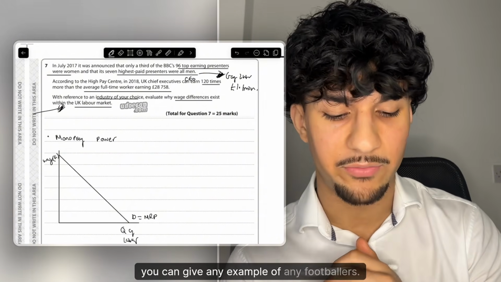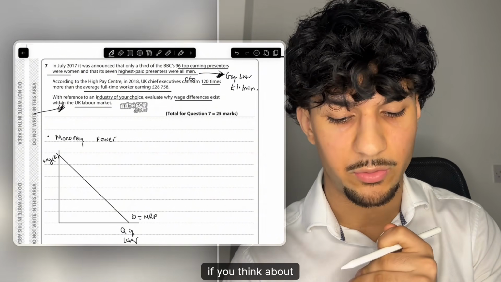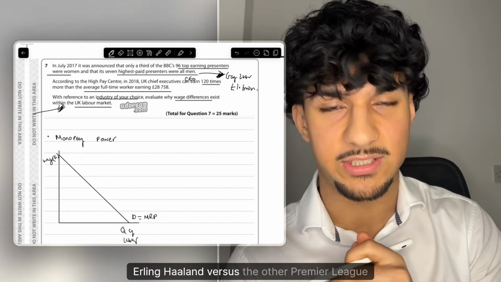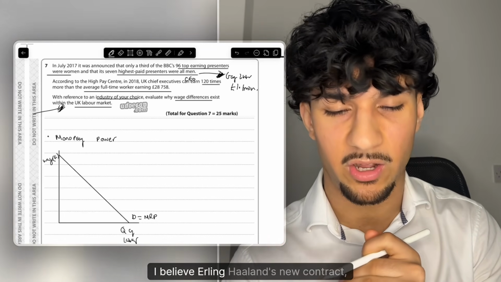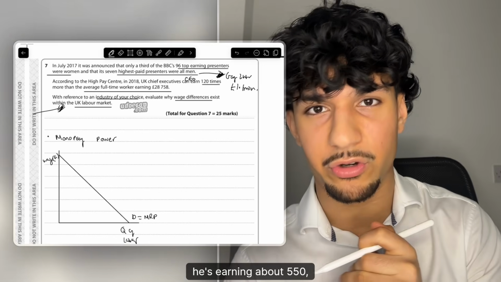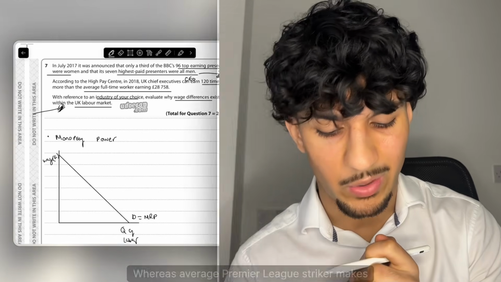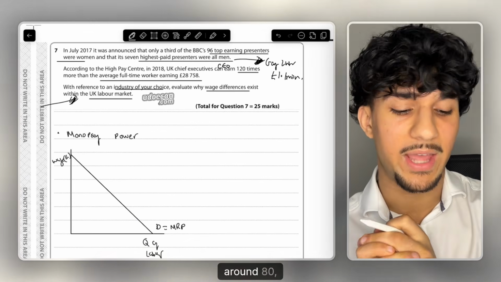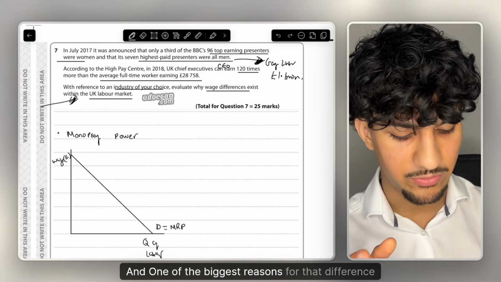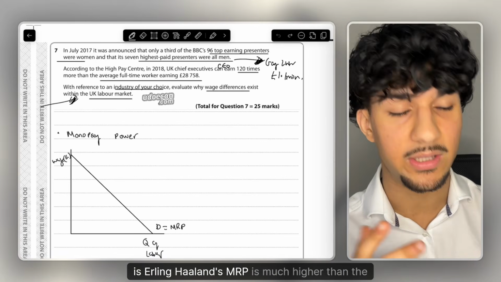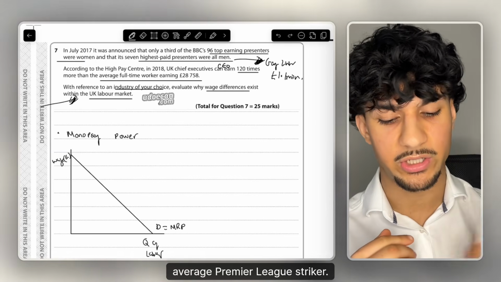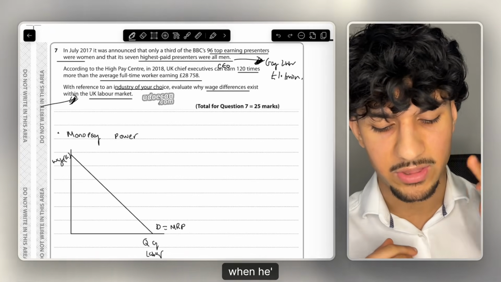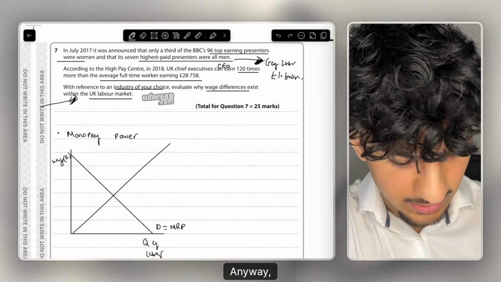You can give any example of any footballers, but if you think about Erling Haaland versus the other Premier League strikers, I believe Erling Haaland's new contract, he's earning about £550,000 a week, whereas the average Premier League striker makes around £80,000 a week. One of the biggest reasons for that difference is Erling Haaland's MRP is much higher than the average Premier League striker, but we'll probably do that in the second paragraph and we'll break that down in much more detail. But anyway, let's finish off this diagram.